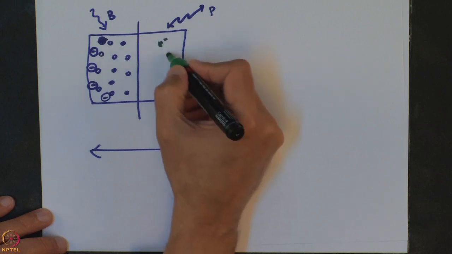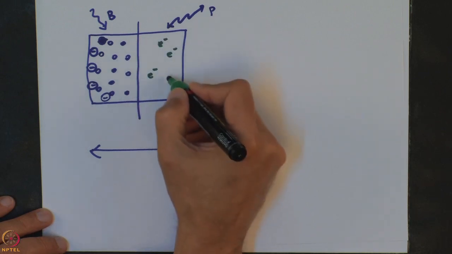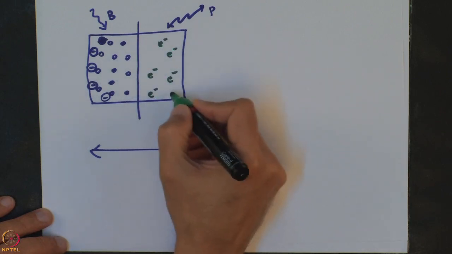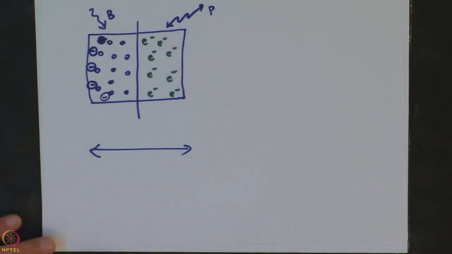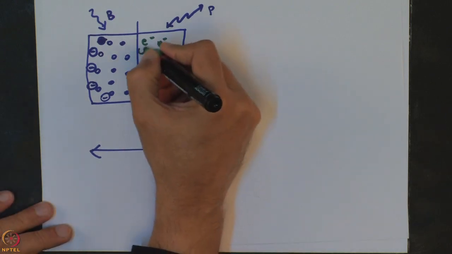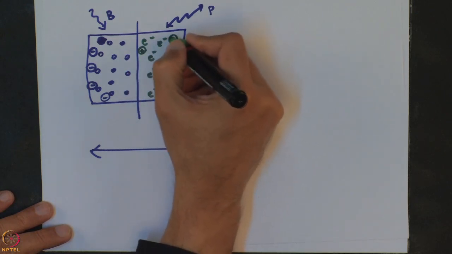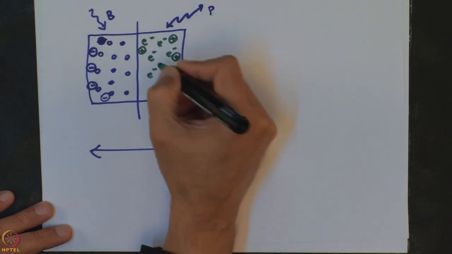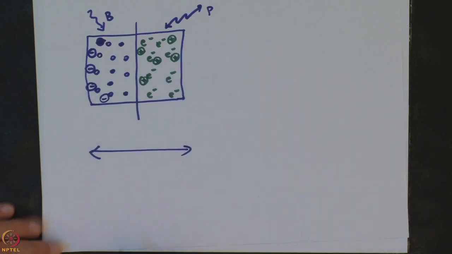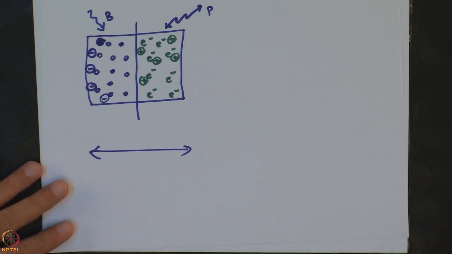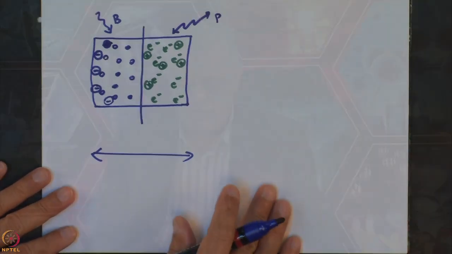So, there are many electrons which are now available in this particular region, and of course, they also have their corresponding ions, which are positively charged ions. Everywhere you have this situation. The overall material is neutral, no net charge.